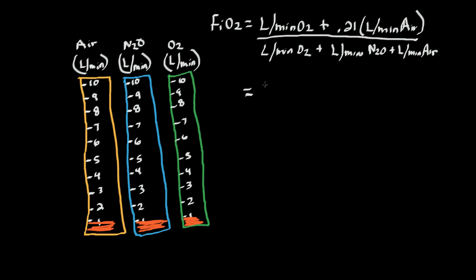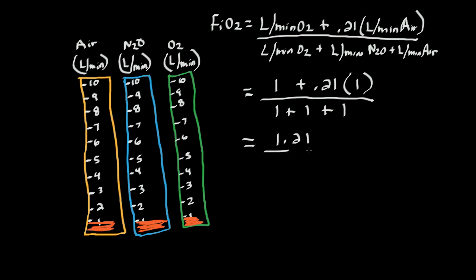Let's plug in our numbers. So there's 1 liter per minute of oxygen plus 0.21 times 1, all divided by 1 plus 1 plus 1. So let's add these things together. 1.21 divided by 3.